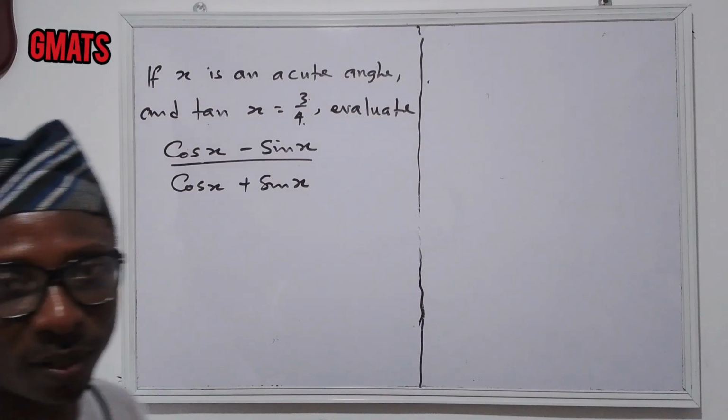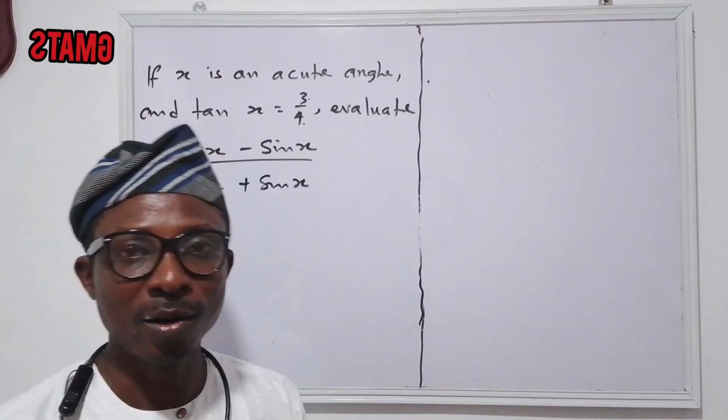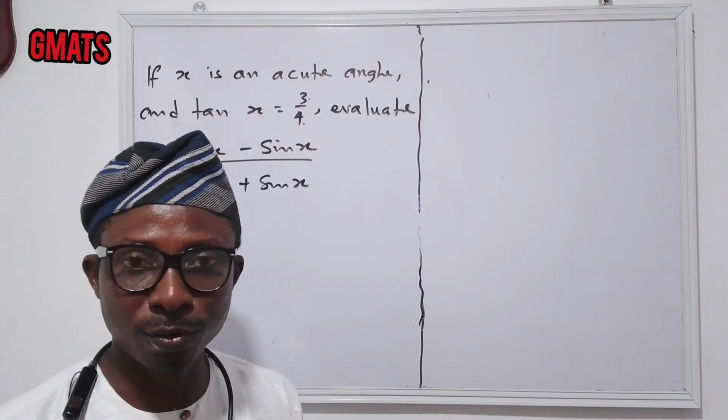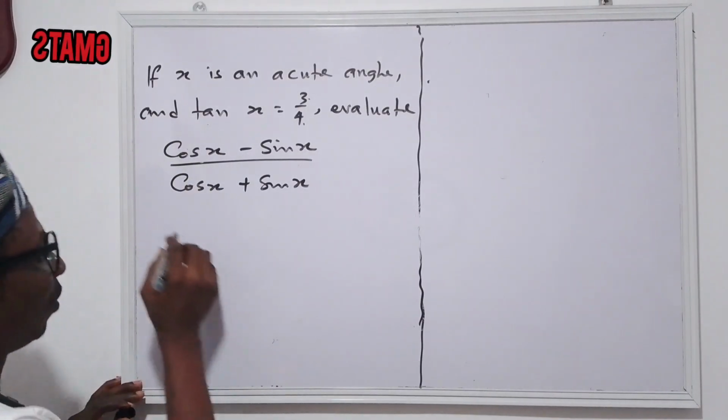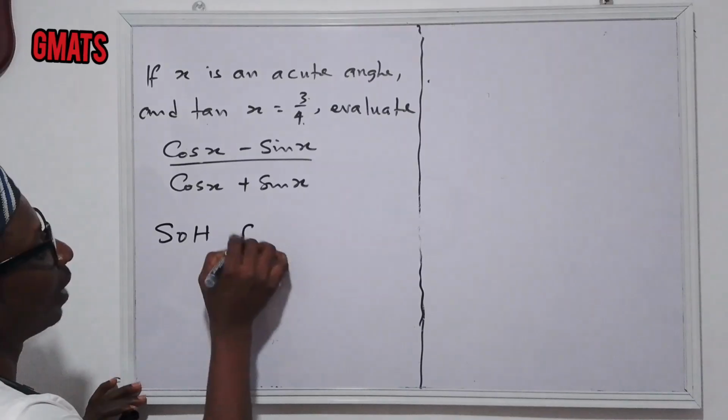Now to solve this problem, the first thing is to remind ourselves of the trigonometrical ratios. Now we have SOHCAHTOA.